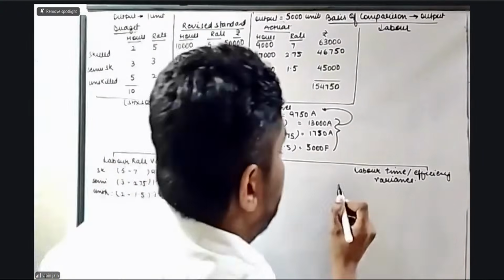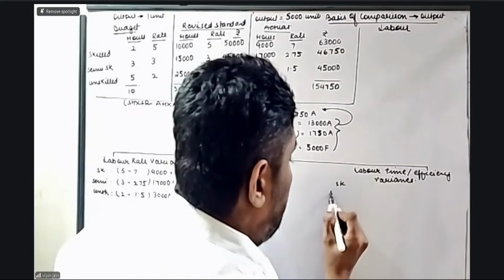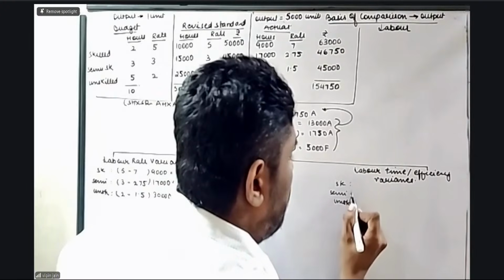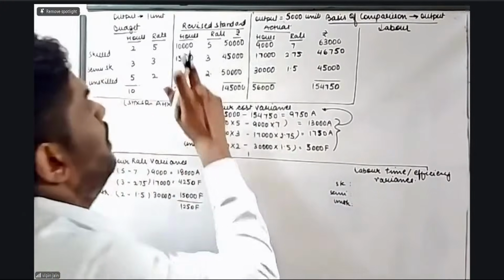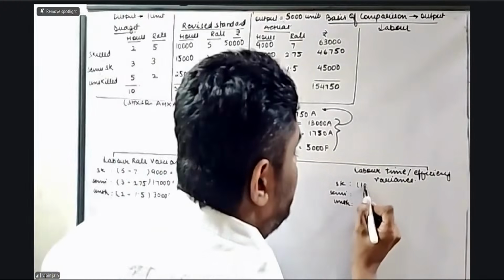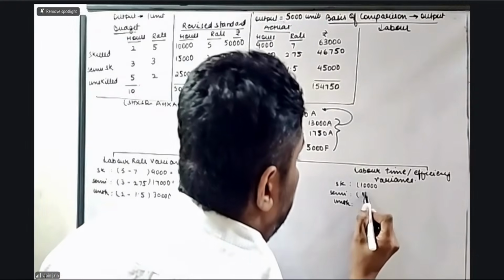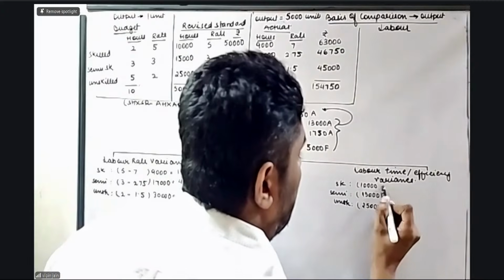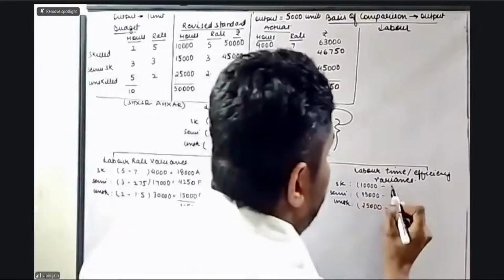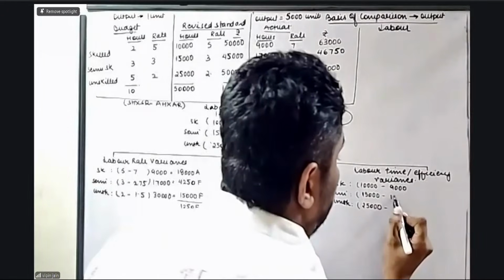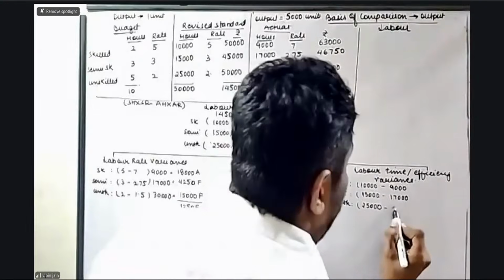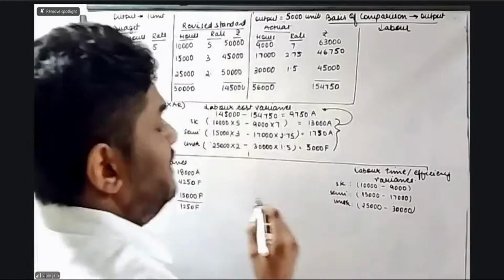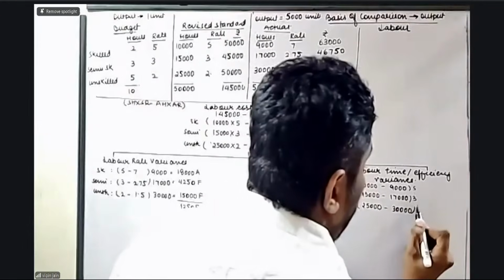So again, the same way, the hours we were supposed to work, 10,000, minus the hours we actually worked, 9,000, 17,000 and 30,000, into my rate, that is 5, 3 and 2.